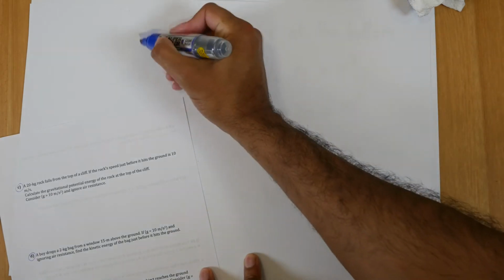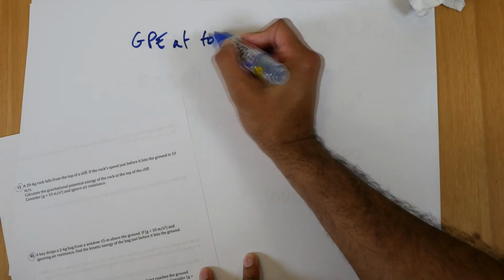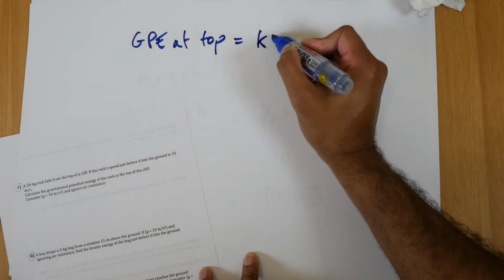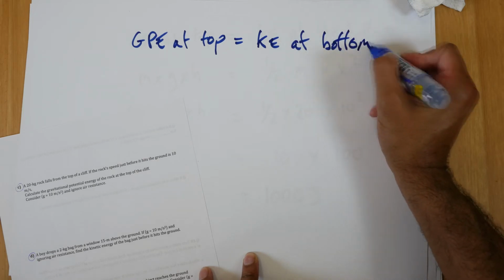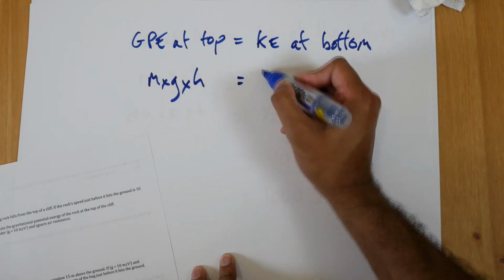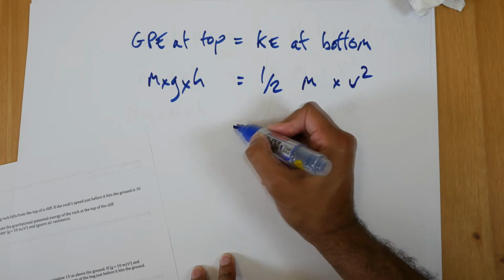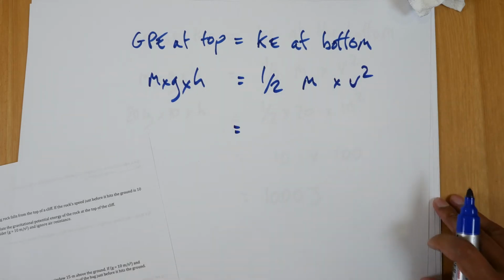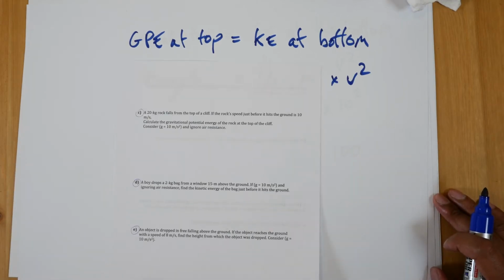So let's start with our equation, which is GPE at top equals KE at bottom. This is M times G times H. This is half M times V squared. Okay, so this is our base equation. 1 mark just for writing that. Dead easy.